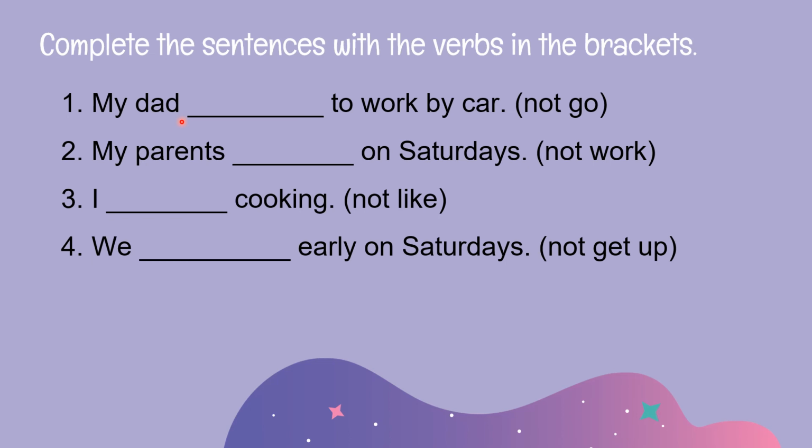So, the answer is my dad doesn't go to work by car. Number 2. My parents ... on Saturdays, not work. My parents is in plural form. Therefore, we should use don't. The answer is my parents don't work on Saturdays.